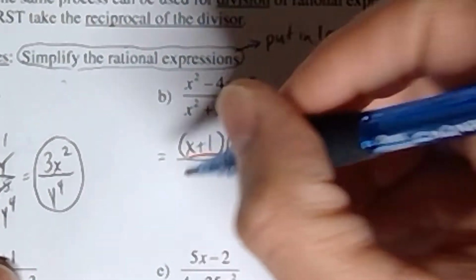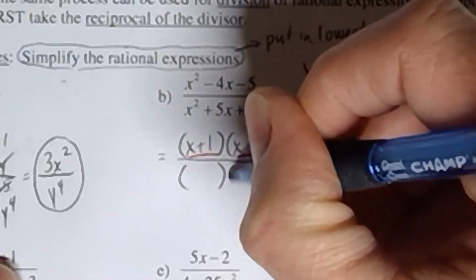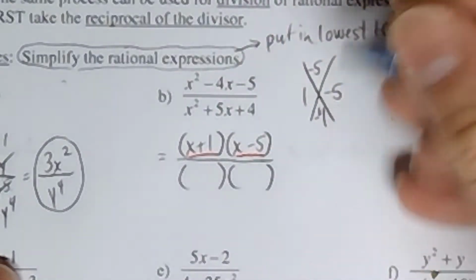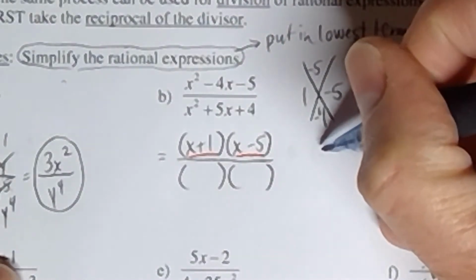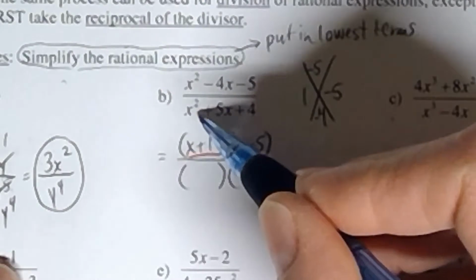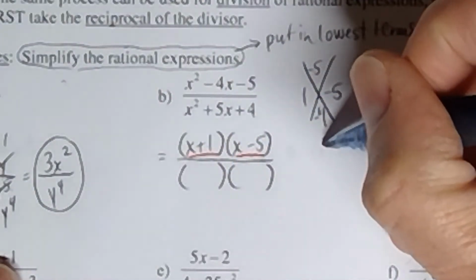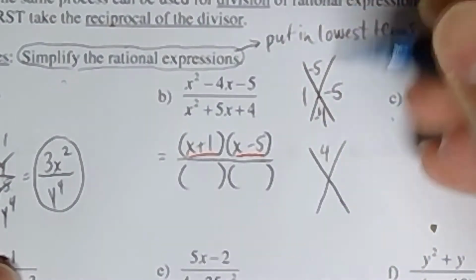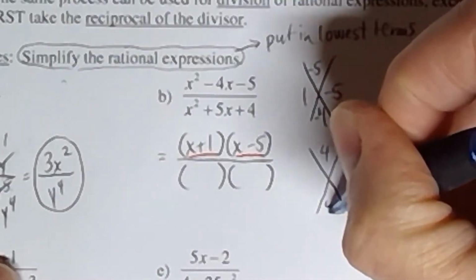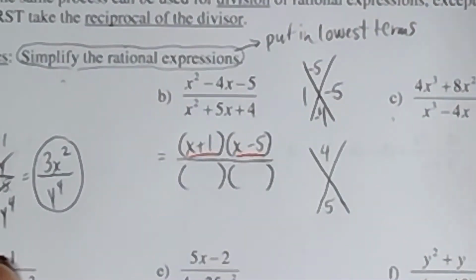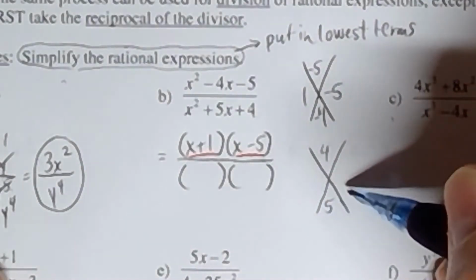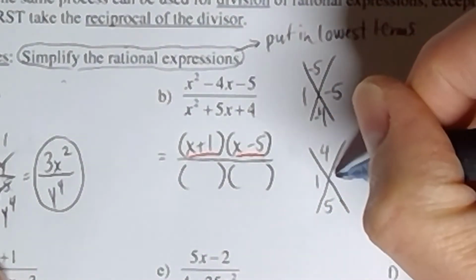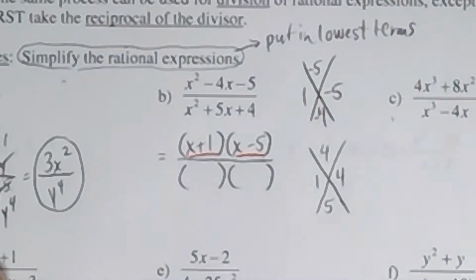Okay. Now, on the bottom, kind of a similar thing here. The Berry method tells us what? Tells me that 1 times 4 is 4, so that number goes on the top right there. And then the middle number is 5. So what 2 numbers are factors of 4 but add up to 5? 1 and 4.